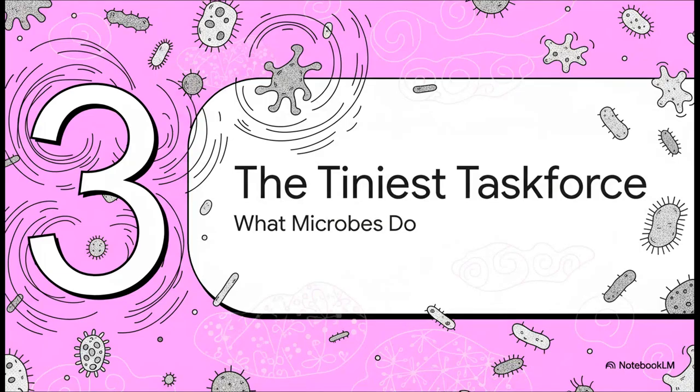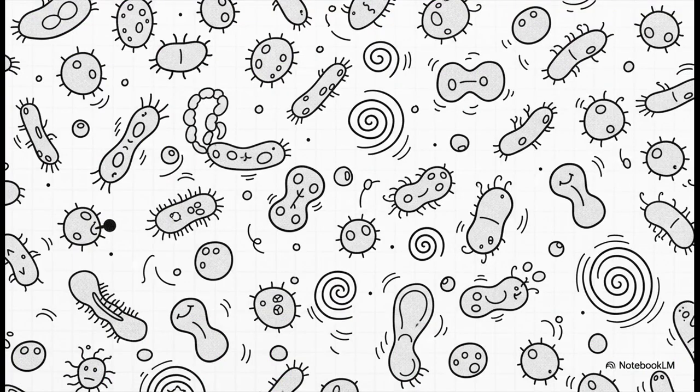So what are these trillions and trillions of tiny beings actually doing all day? Are they just kind of there? No way. They make up this incredible, invisible workforce that is constantly shaping the world we live in. They are super active, they're eating, they're reproducing, and they are building entire ecosystems.